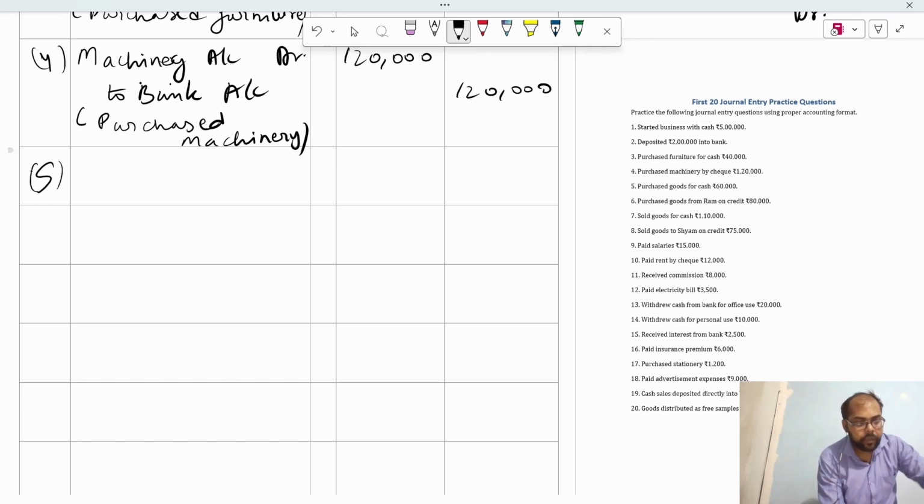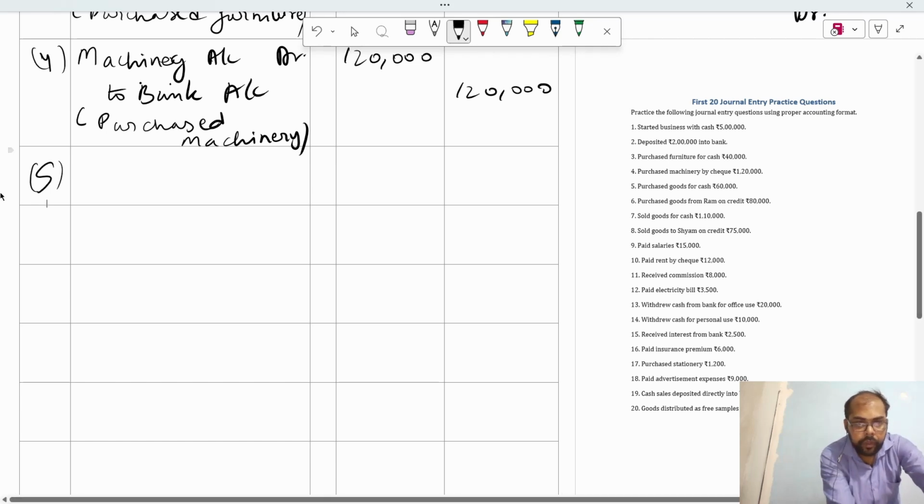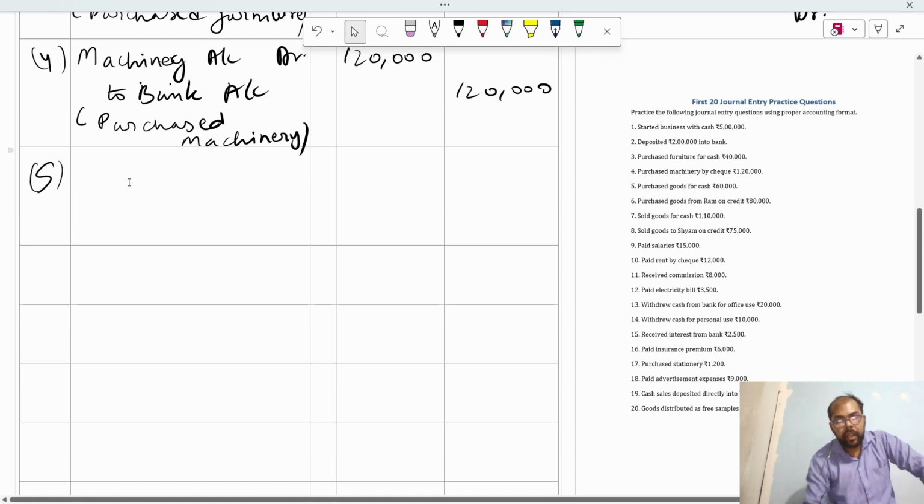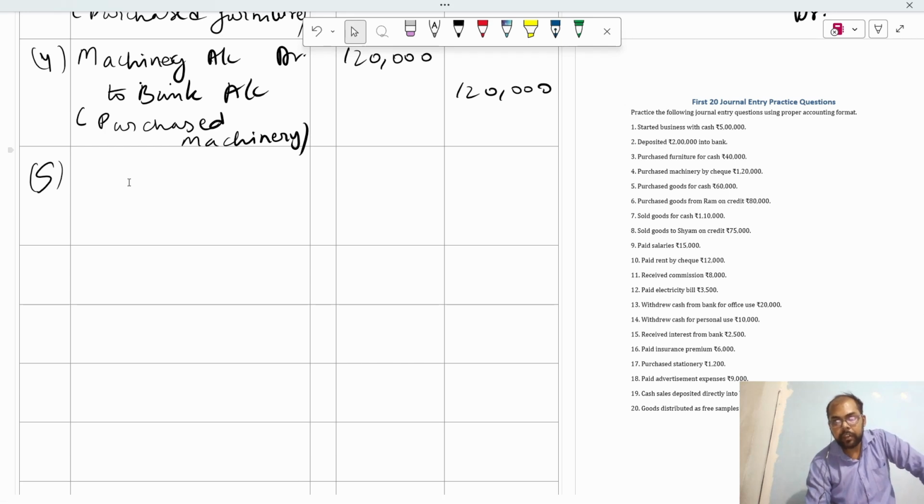When we purchase goods, we purchase them to convert them into finished goods and then resell in the market. So whenever goods are purchased for resale, it is called purchases.